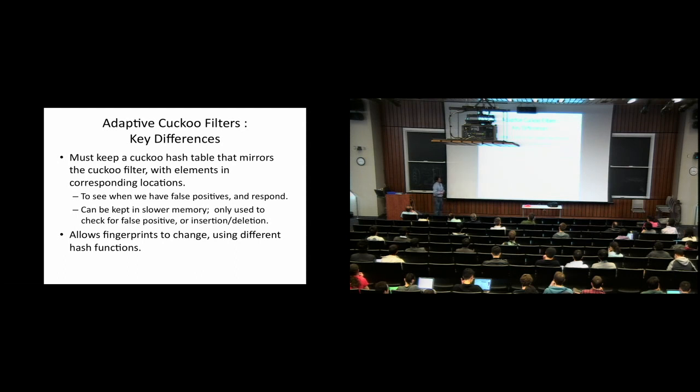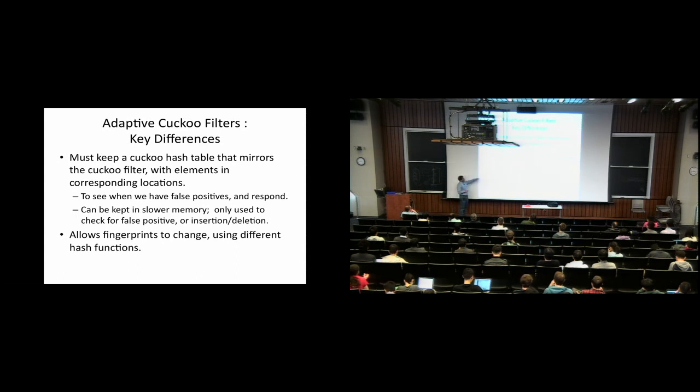And of course you'd need to do that in these sorts of settings, because whenever you get a positive, it might be a false positive, so you're going to have to do some additional processing. Even just to check if you got a false positive, you'd have to have the original items around. So this will really only make sense in cases where we don't mind, even if it's in slower memory, keeping the original data so that we can check for false positives.